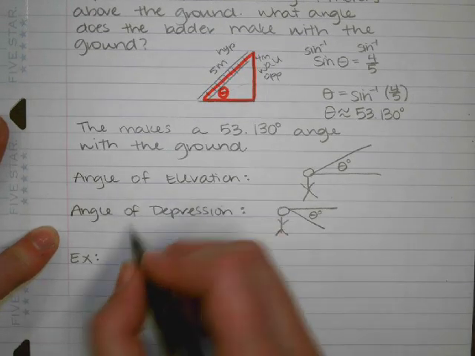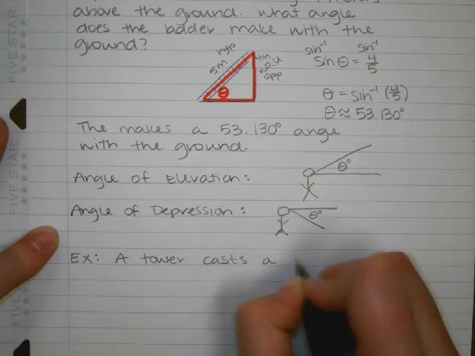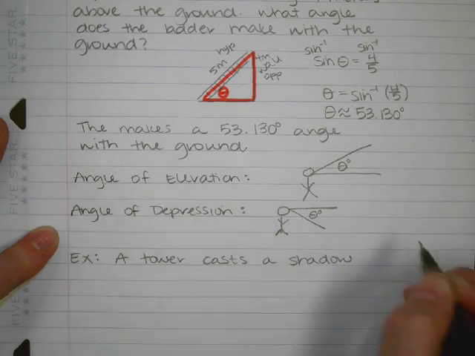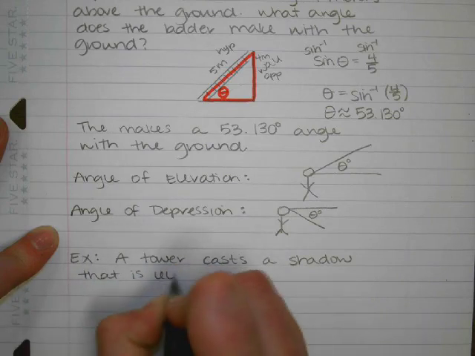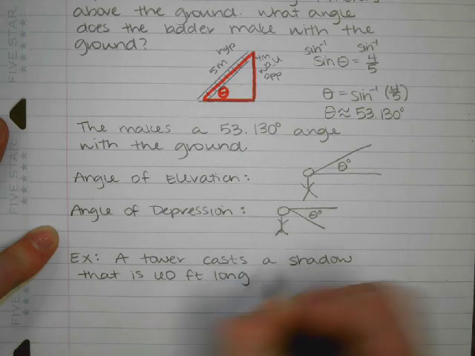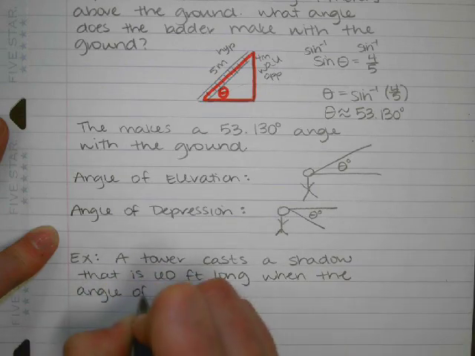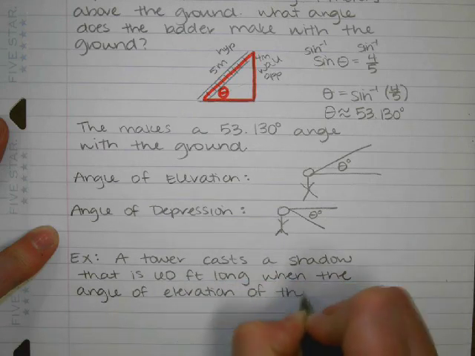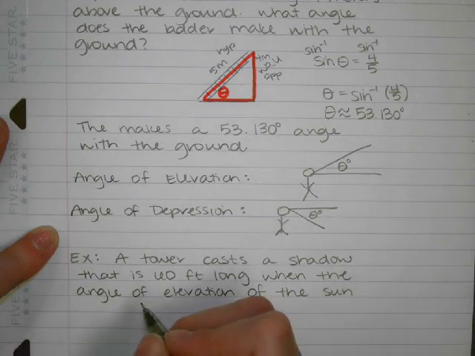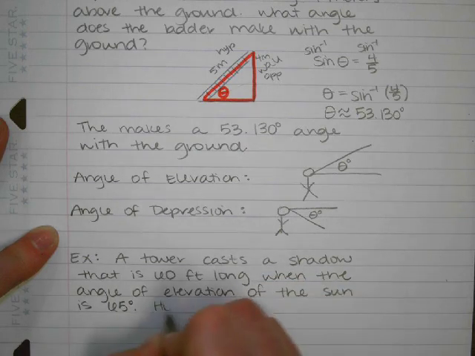So we're going to say a tower casts a shadow that is 60 feet long when the angle of elevation of the sun is 65 degrees. How tall is the tower?